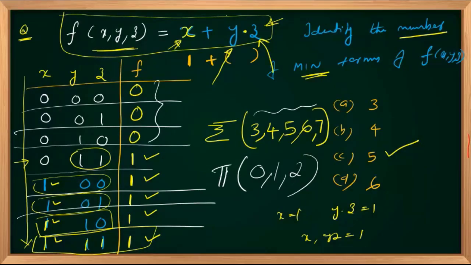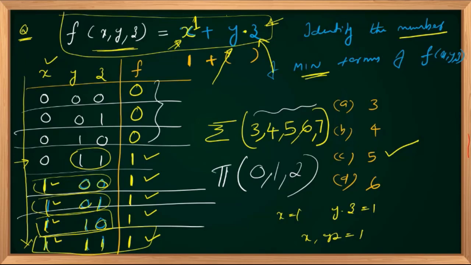Let us take the x case first. X equal to 1 corresponds to the last four min terms: 100, 101, 110, 111. So for the last four min terms, x equal to 1 implies the function will be equal to 1 without any doubt.